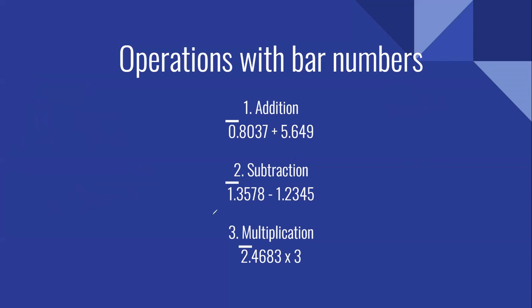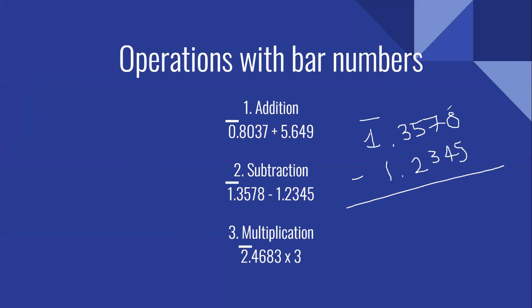Okay, now let's look at a subtraction example. We have 1 bar 0.3578 minus 1.2345. So 8 minus 5, 3, 7 minus 4, 3, 7 minus 3, 2, 3 minus 2, 1.